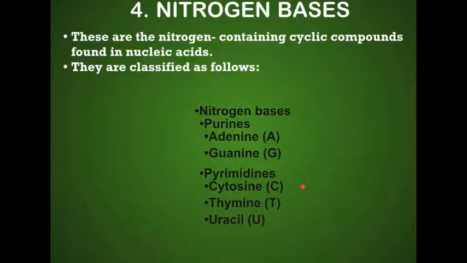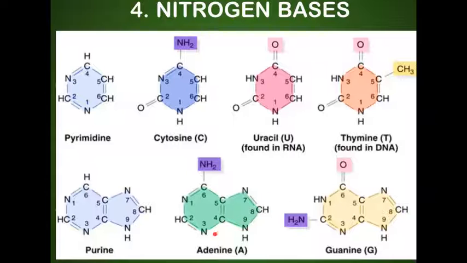Now what are these purines, pyrimidines, and why is it that we put adenine and guanine in purines and cytosine, thymine and uracil in pyrimidines? So purines are nitrogen bases with two rings, right? So adenine, guanine have two rings, so they are purines. Pyrimidines are the ones with one single ring. So cytosine, uracil, thymine have one ring, so we classify them as pyrimidines.